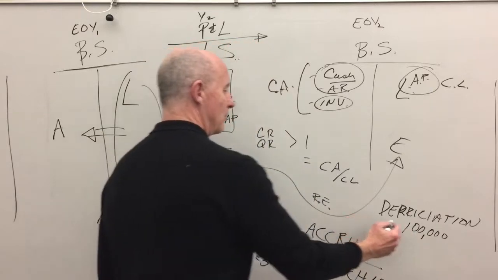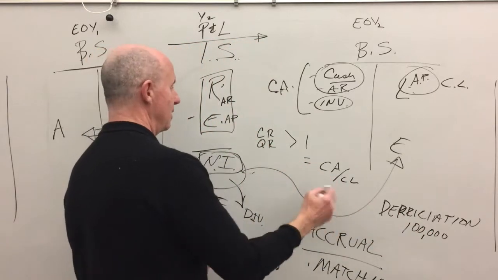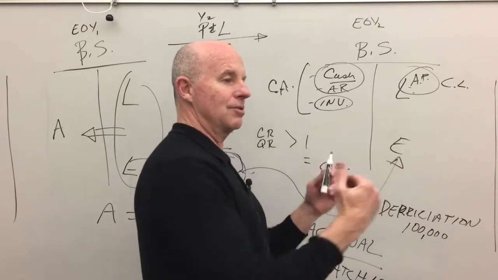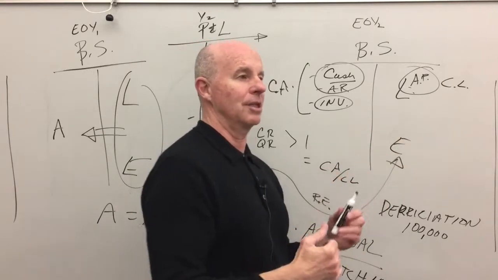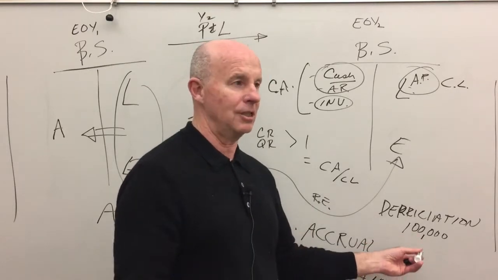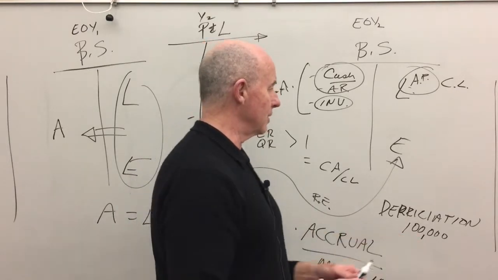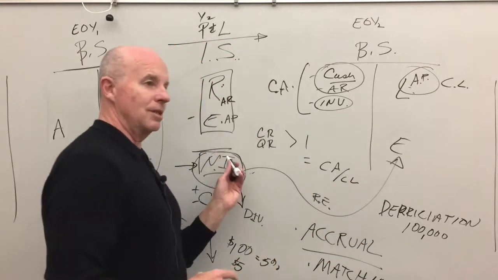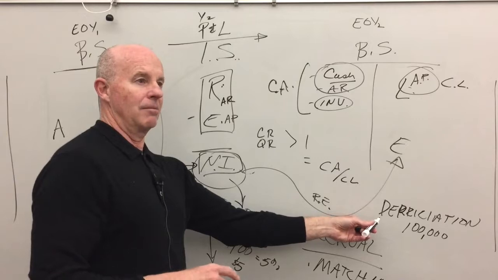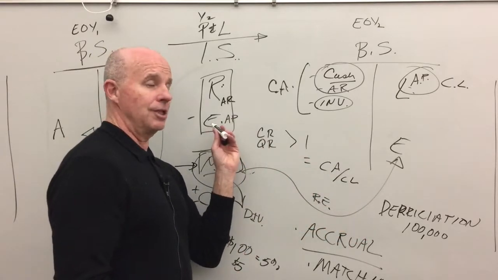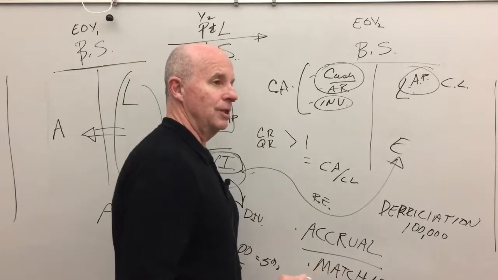So it would make more sense to take 20 grand of that each year for those 5 years, and then say, this is sort of a more accurate picture of how we're using that asset. And it could be a computer system, it could be a truck, it could be a machine, whatever kind of thing, but something like that. So when you do that, instead of expensing that capital item in the first year, what we do is we capitalize it.